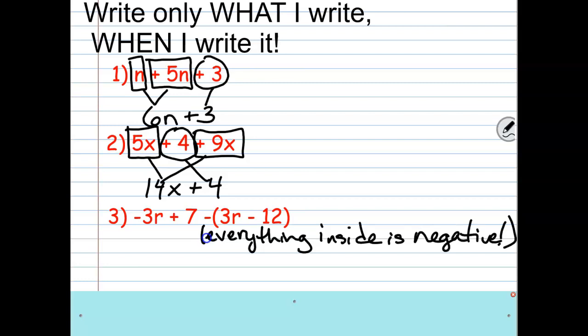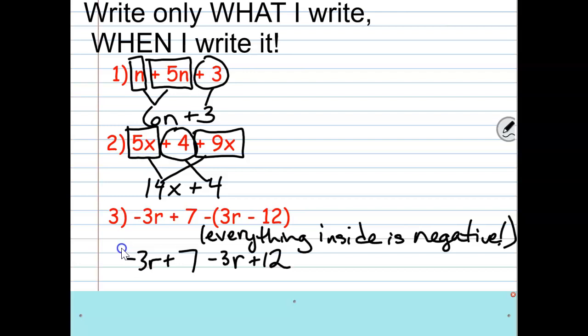And let's make everything inside negative. We're going to do the opposite, basically. So what's the opposite of negative, or sorry, what's the opposite of 3r? It's going to be negative 3r. What's the opposite of negative 12? Minus minus turns into a plus. So I'm going to rewrite that part like that, and I'm going to bring this business down.